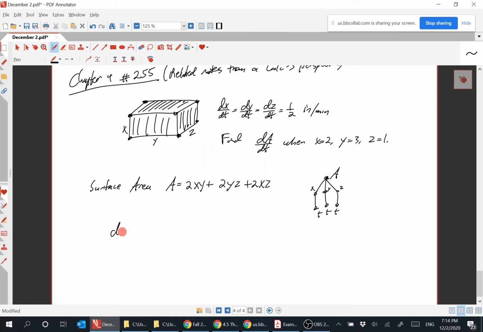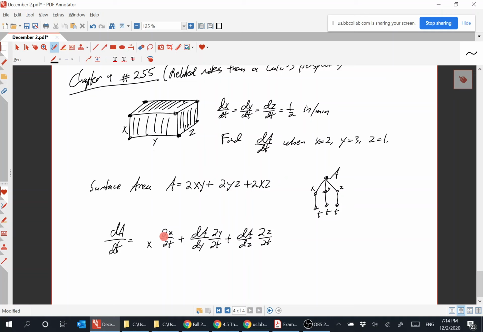So dA/dt is equal to ∂A/∂x dx/dt plus ∂A/∂y dy/dt plus ∂A/∂z dz/dt.